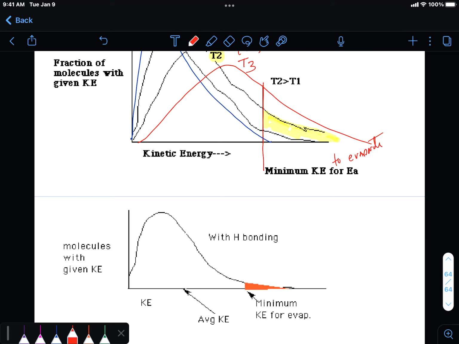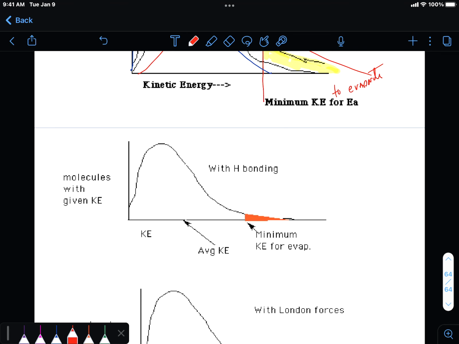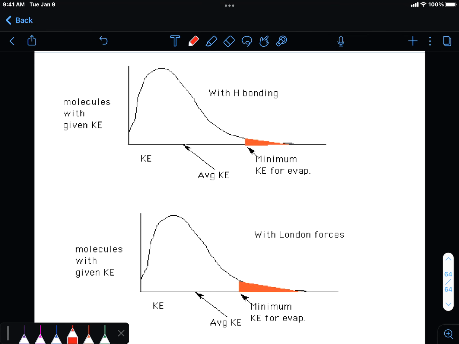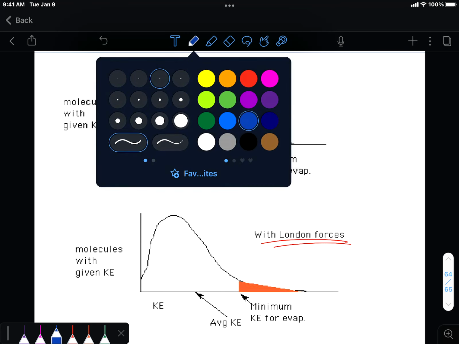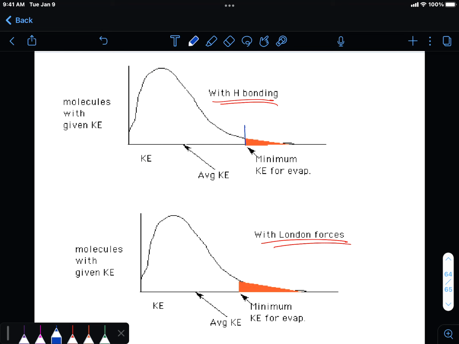Let's look at another similar looking graph. But here we're comparing one picture that has hydrogen bonding and one that only has London forces. These are two different substances at the same temperature, but notice how the energy needed to evaporate is at different places for these two.